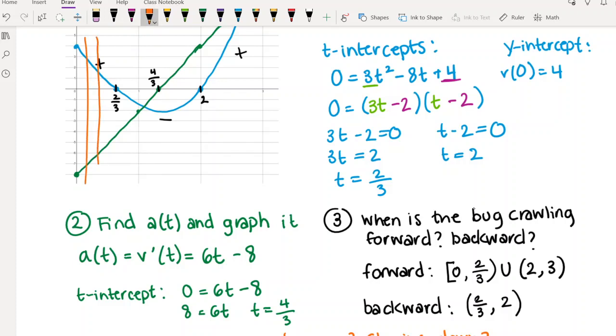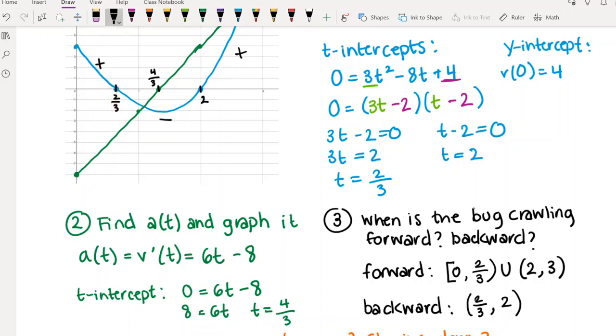One's positive, one's negative. One's positive, one's negative. And then here at 2/3, that's where it changes, right? That's where the velocity becomes negative. So now both the acceleration and the velocity are negative. And so that tells us that it's speeding up.